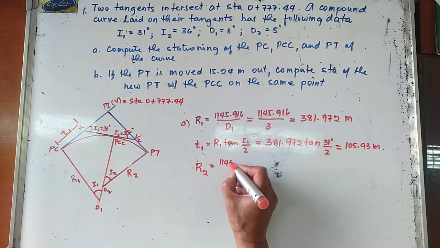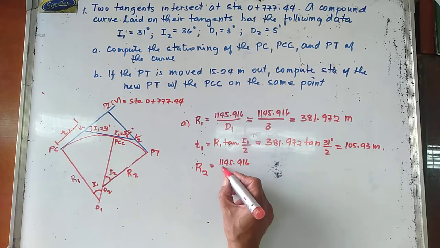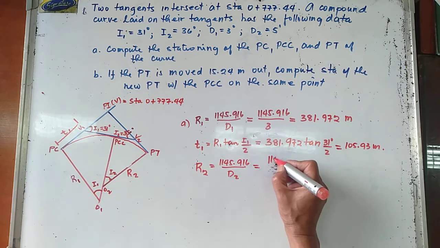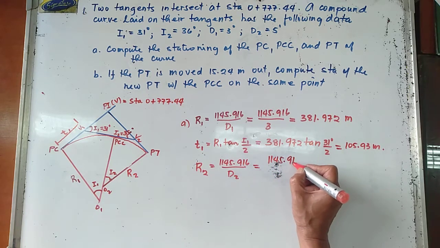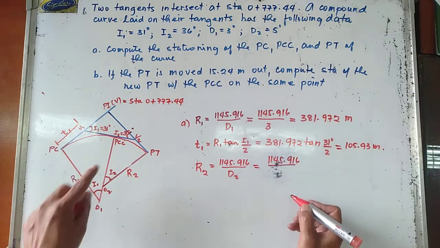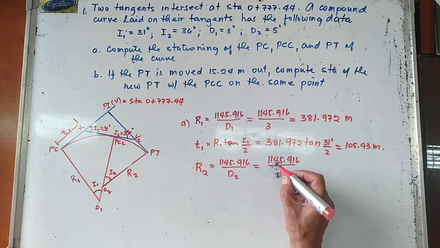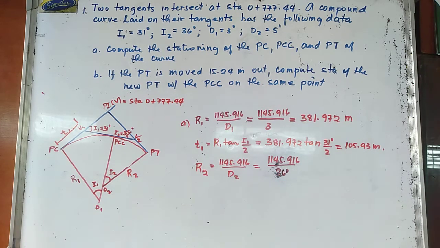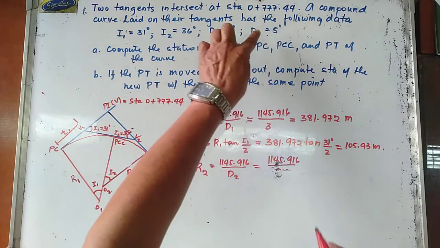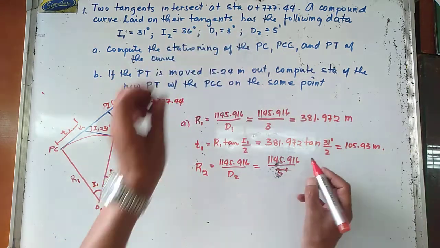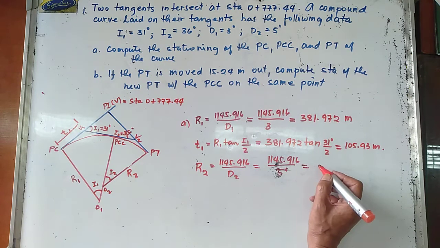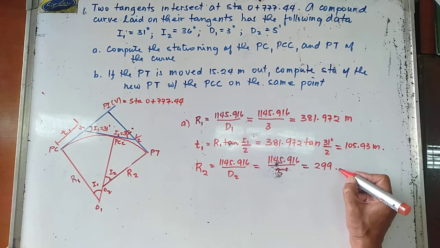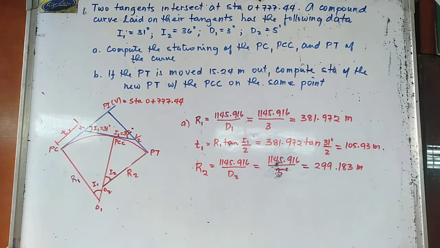This is 1145.916 all over D2, the degree of the second circular curve, which is 3.5 degrees. So this is equal to 299.183 meters.